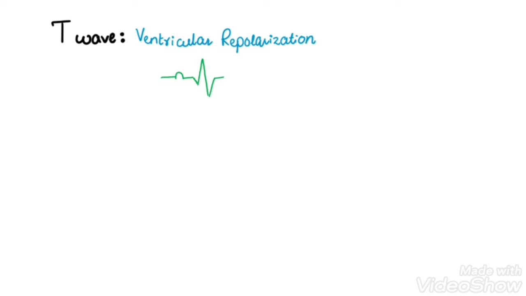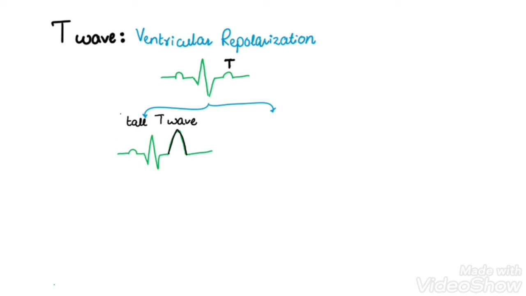Next is a T wave. The T wave on ECG shows ventricular repolarization. The T wave is abnormal in two ways. Either they appear really tall, which occurs in hyperkalemia and the hyperacute, or the very initial phase of myocardial infarction. After this tall T wave in myocardial infarction, they undergo inversion.